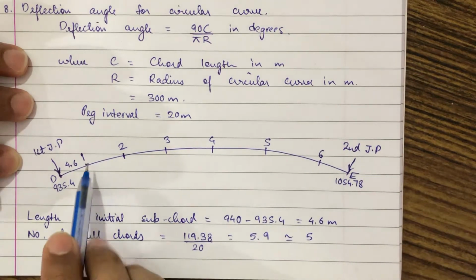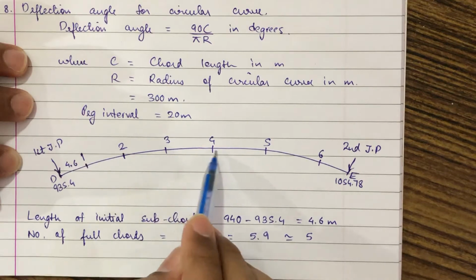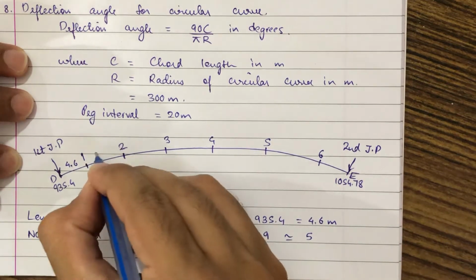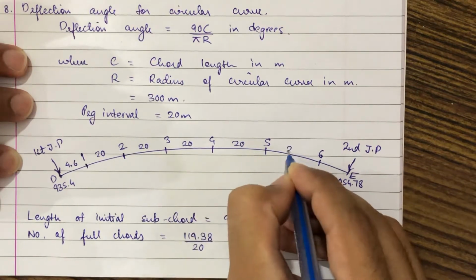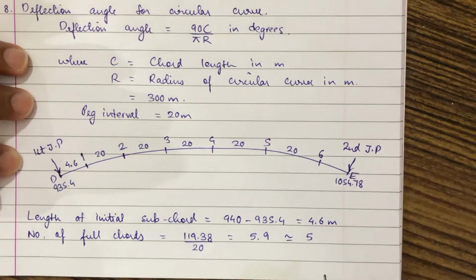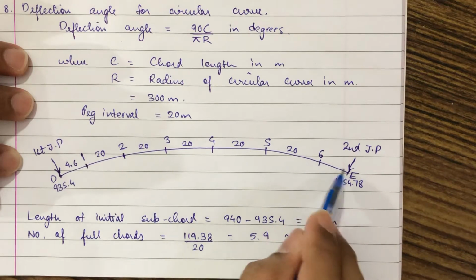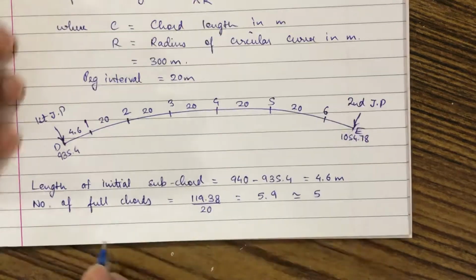Okay, these are the 5 chords, 1, 2, 3, 4, 5, and each chord is of 20 meter length. Hence, what will be the length of the final subchord?